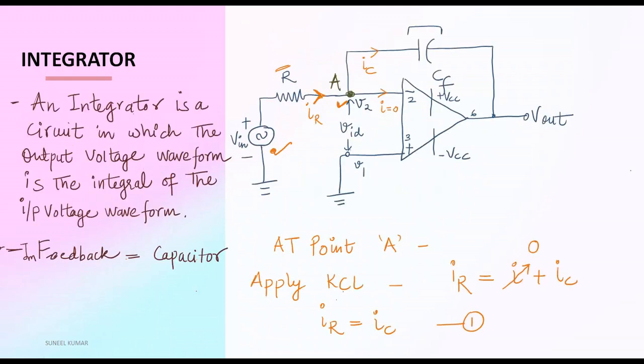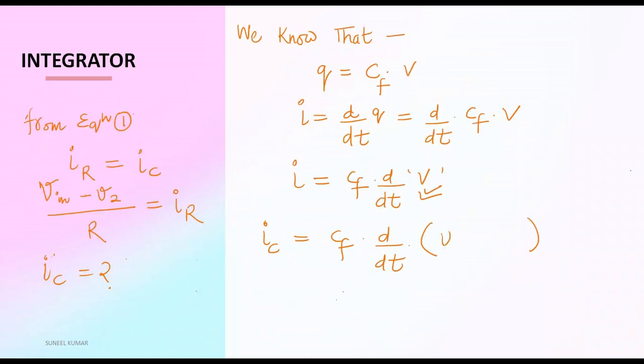Voltage difference is simply, as we have seen earlier, V2 minus V output. So this is the value of IC and this is the value of IR.